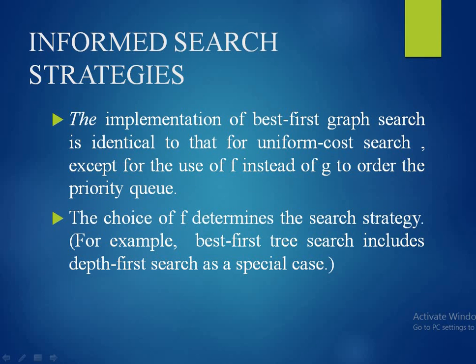It differs only in the use of f instead of g to order the priority queue. The choice of f determines the search strategy. For example, best first tree search includes depth first search as a special case.